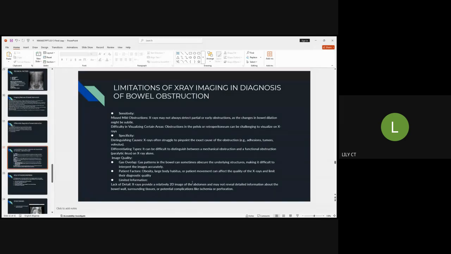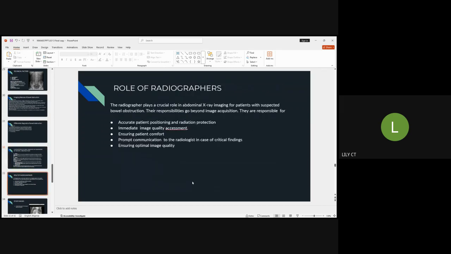Patient factors like large body habitus or patient movements can affect the diagnostic quality of the image. X-ray provides a 2D image of the abdomen, which does not reveal detailed information about the bowel wall, surrounding tissues, and potential complications like ischemia or perforation.